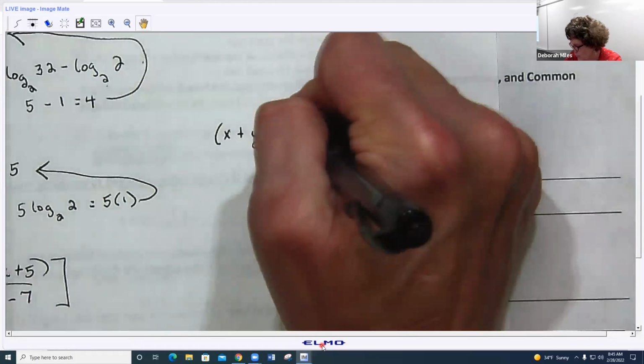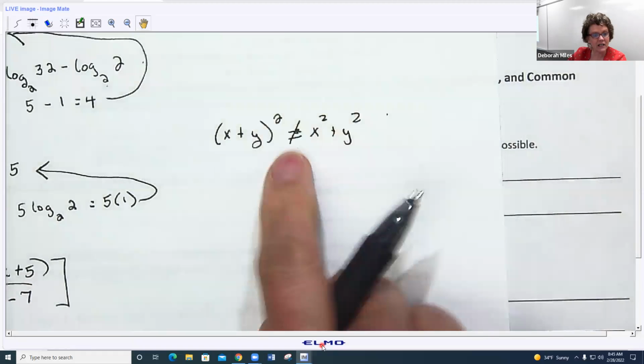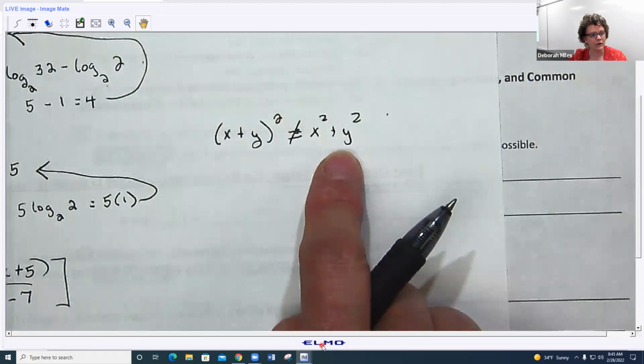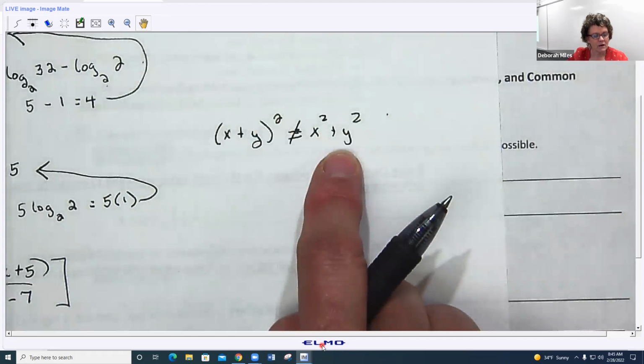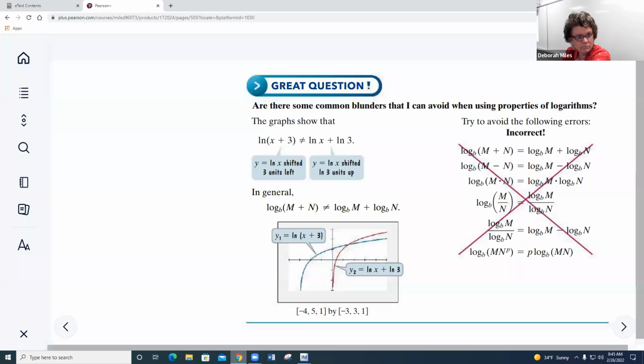I have folks that tell me that's x squared plus y squared, and that is most definitely not correct. You cannot distribute an exponent through a sum. For the very same reason that this is illegal, this is illegal. You cannot distribute a log through a sum.